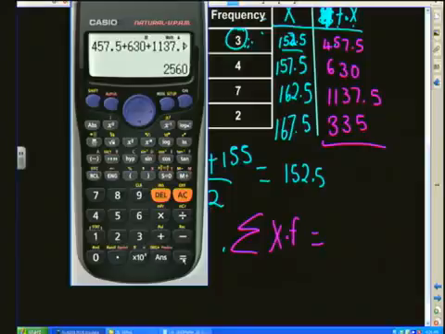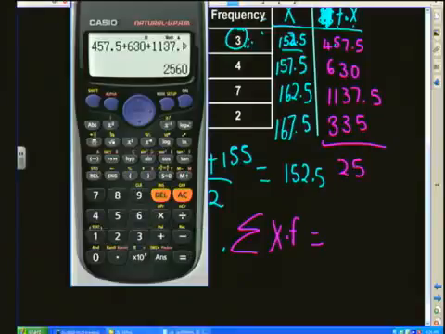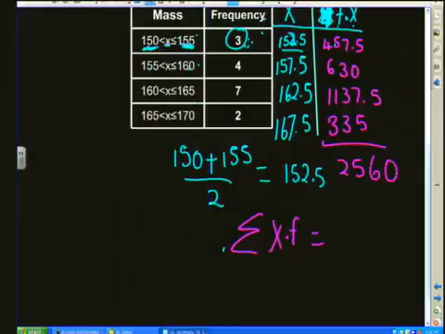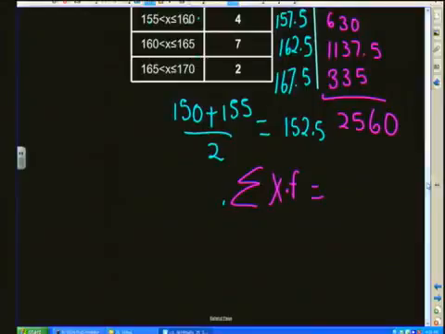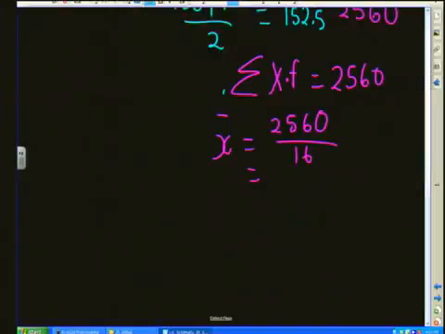So we've got the total, 2560. Okay, so that's your total of the sum of your frequencies times your midpoint. And then in order to work out the mean, it's going to be that sum, 2560, divided by n, which is 16, the number of bodybuilders.